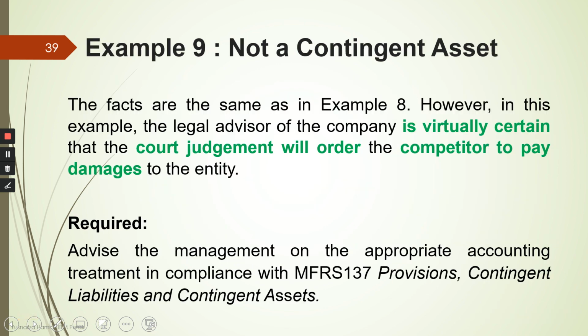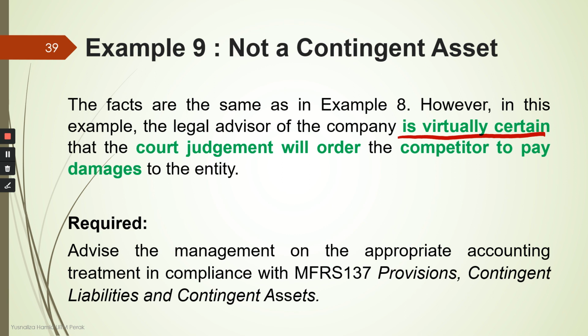Now we look at example 9, where the facts are the same as in example 8. Everything is the same, only now the lawyer is virtually certain. Before this, it was probable, right? So when it was probable, it was disclosed as a contingent asset.